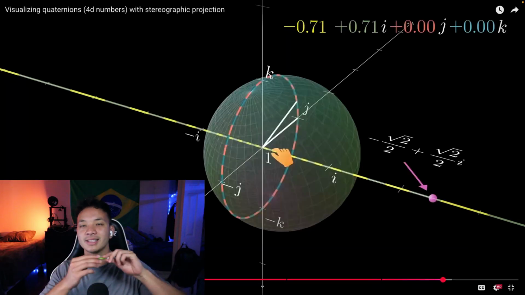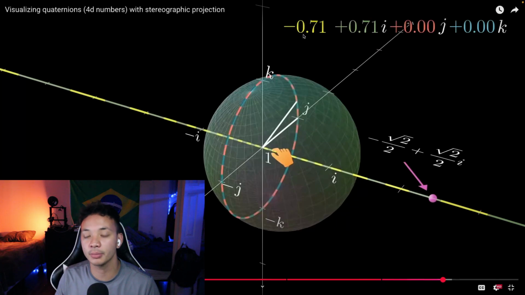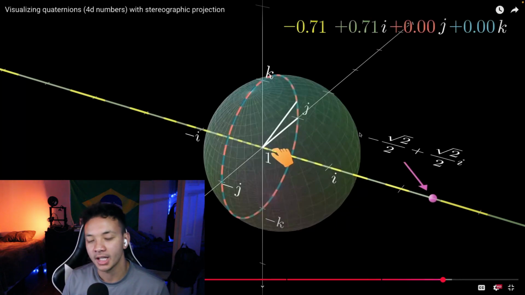Okay, I realize this is not the case, because the 0.71 isn't necessarily the length here, right? Because it's the negative 0.71 in the i component. I'm just going to continue.